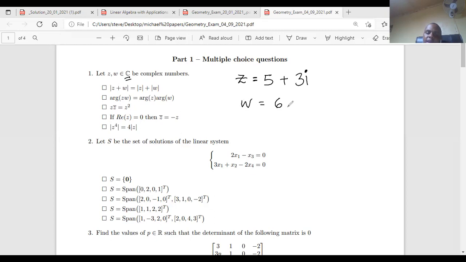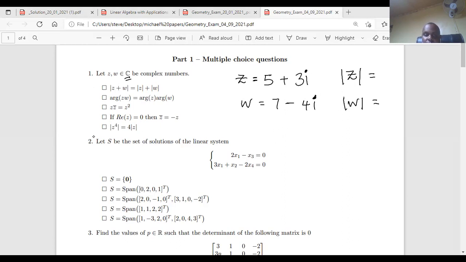Think of another random number. 7 minus 4i. Now can you look for Z bar, the modulus of Z, the modulus of W?